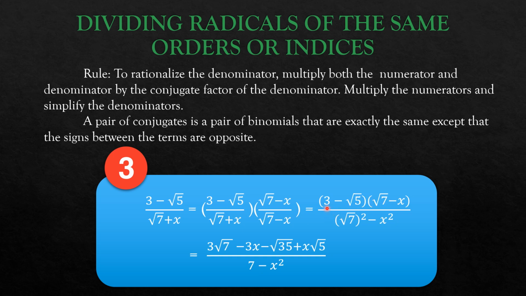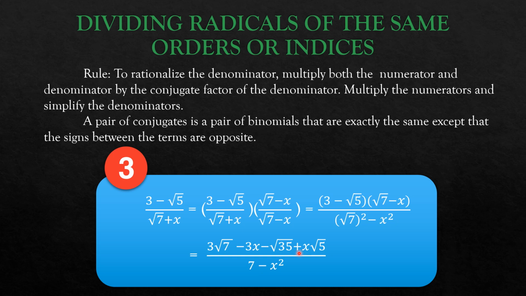So, 3 times square root of 7, so I have 3 square root of 7 here. 3 times negative x, so I have negative 3x. Negative square root of 5 times positive square root of 7 is negative square root of 35. And then negative square root of 5 times negative x is positive x square root of 5.